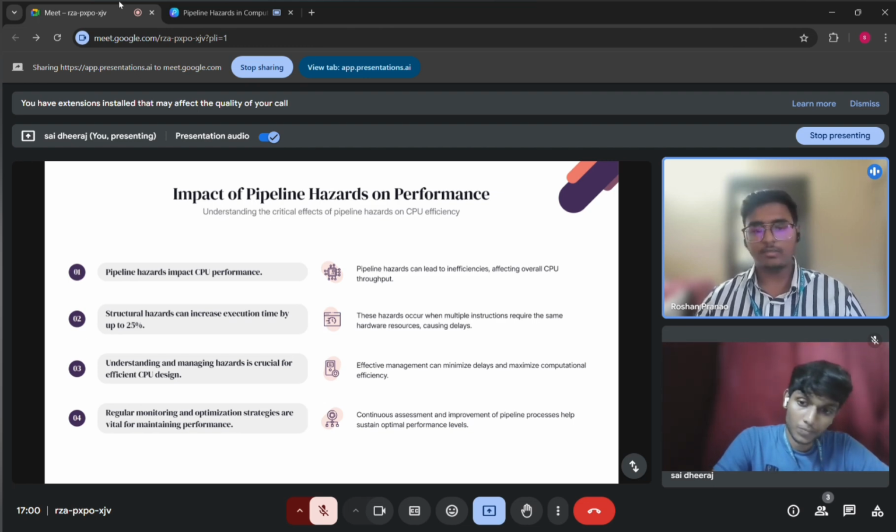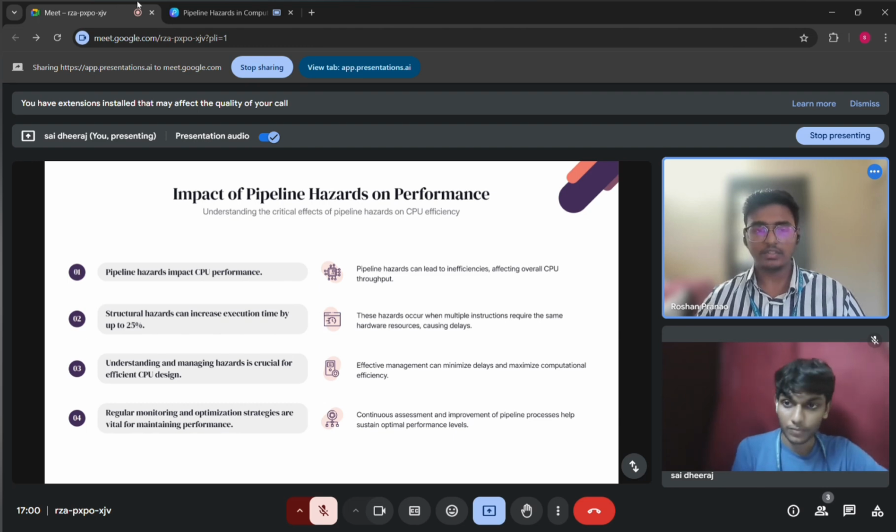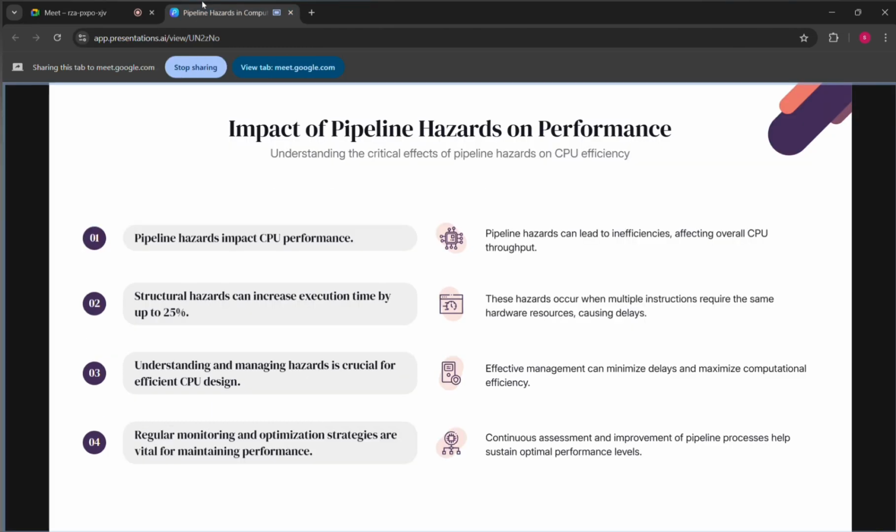Understanding and managing hazards is crucial for CPU design, and regular monitoring and optimization strategies are vital for maintaining the performance, as continuous assessment and improvement of the pipeline process helps sustain optimal performance levels. So that's it for the slide.